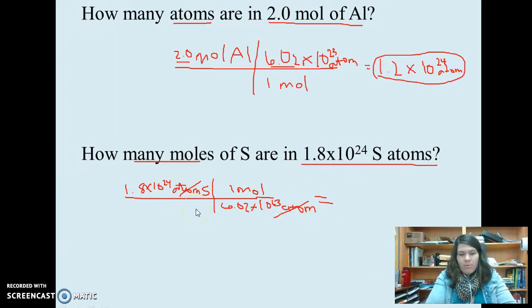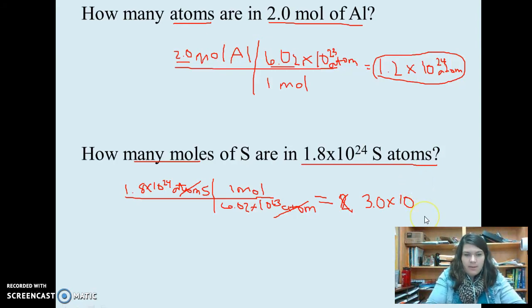So then I could divide 1.8 times 10 to the 24th by 6.02 times 10 to the 23rd. Let me recalculate this.